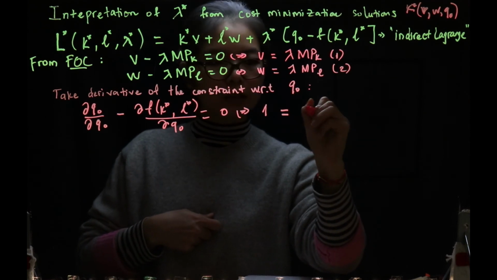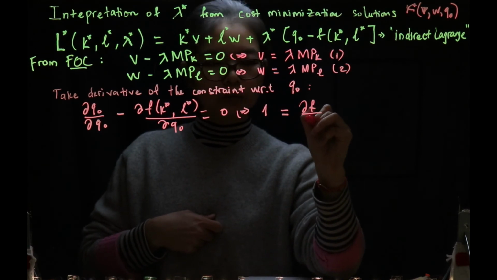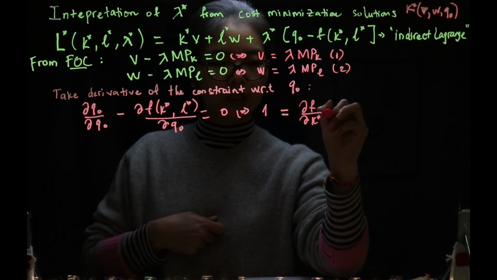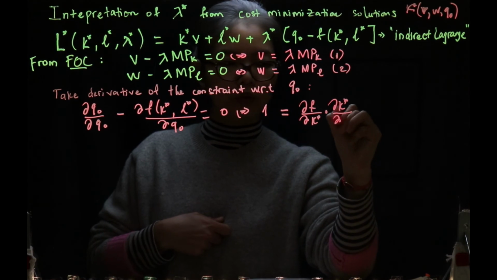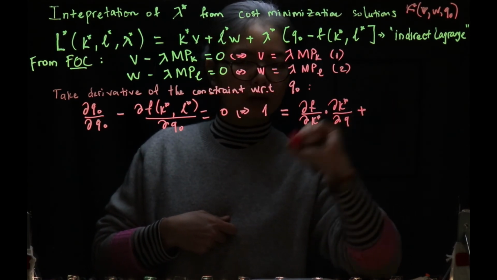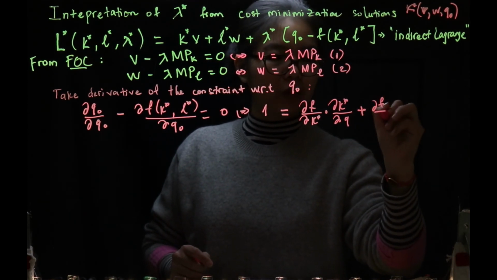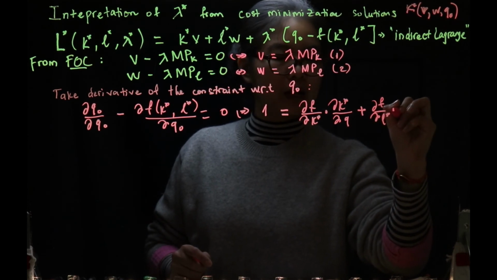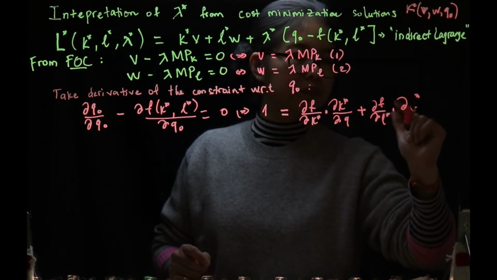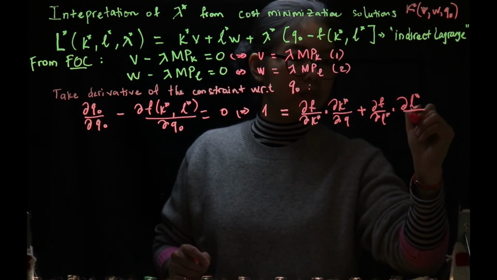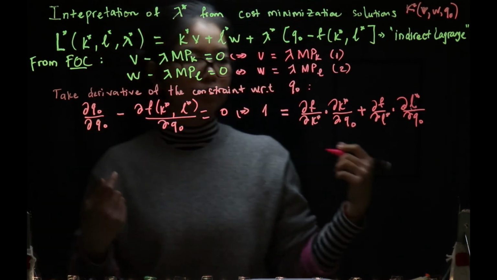What does the chain rule say? First you take the derivative of f with respect to K star, times the derivative of K star with respect to Q0, plus the equivalent for L star: the partial derivative of f with respect to L star times the partial derivative of L star with respect to Q0.